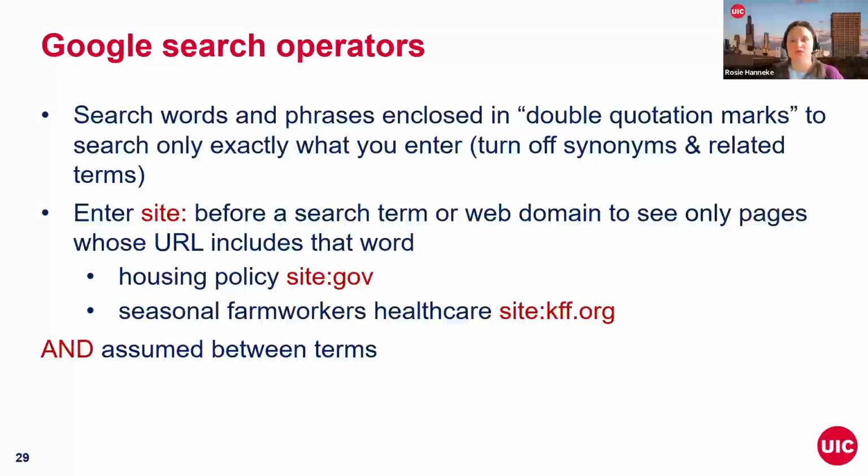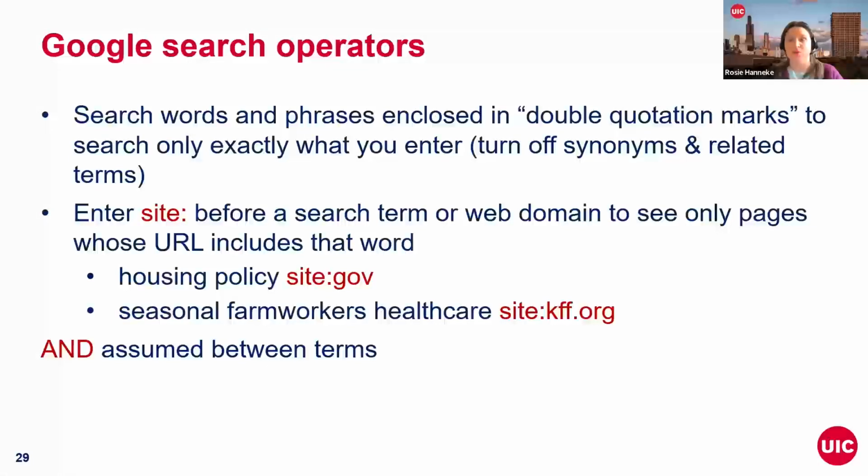In Google, you're going to use double quotation marks to search bound phrases and to search for exactly a certain word. You can use site, S-I-T-E with a colon, before a particular term or a web domain name to see only pages where the URL includes that word.